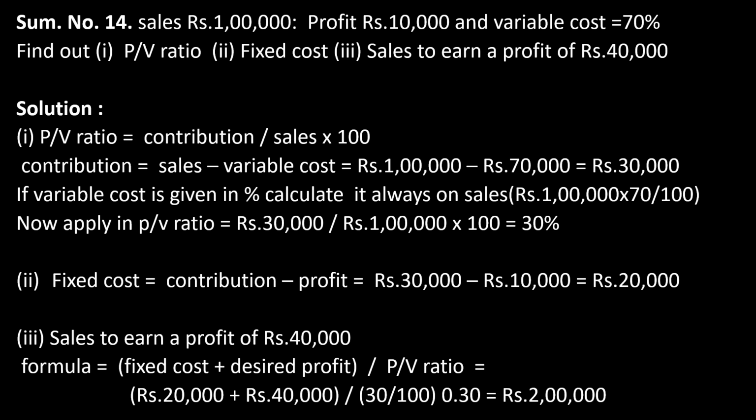Fixed cost, that is 20,000 plus desired profit 40,000 divided by PV ratio, that is 30%, which is nothing but 0.3, will give me rupees 2 lakh. So the answer for the third subdivision is the sales I required to earn a profit of 40,000 is rupees 2 lakh. Next, we'll go to the next slide.